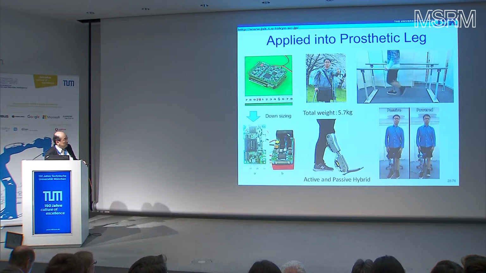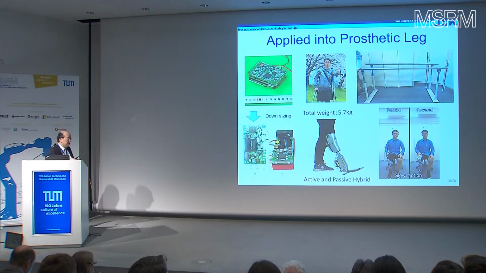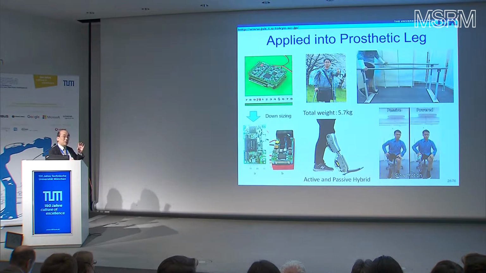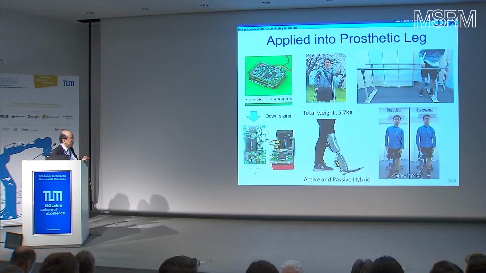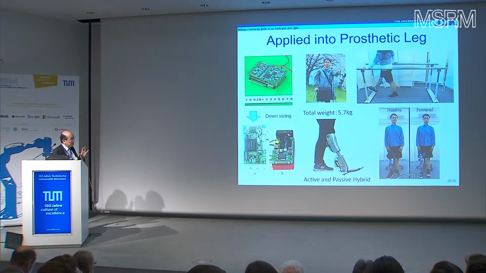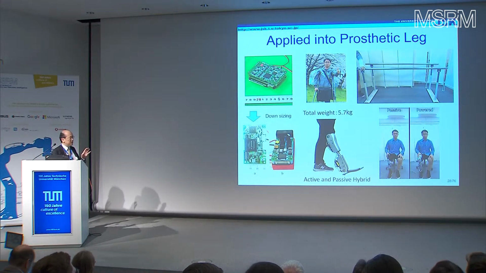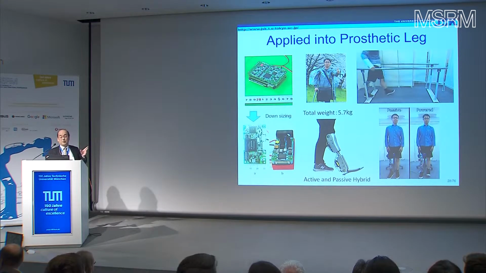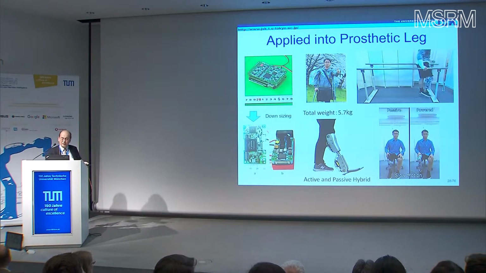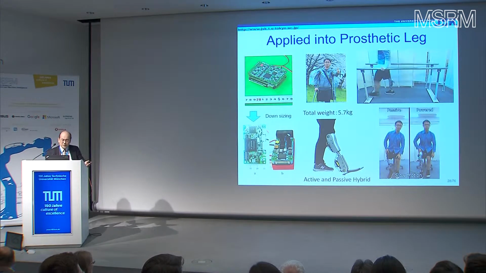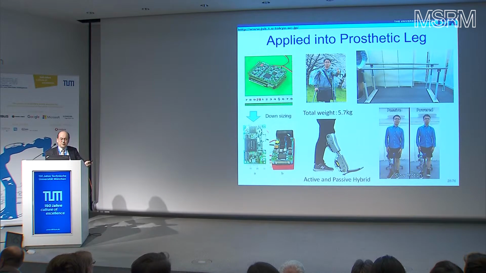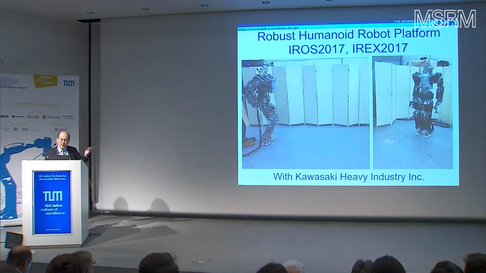But for everyday use, the passive, the power source is a big problem. So he designed the legs to be hybrid, passive and active. So it requires some back-drivable combination from the actuator to the leg.